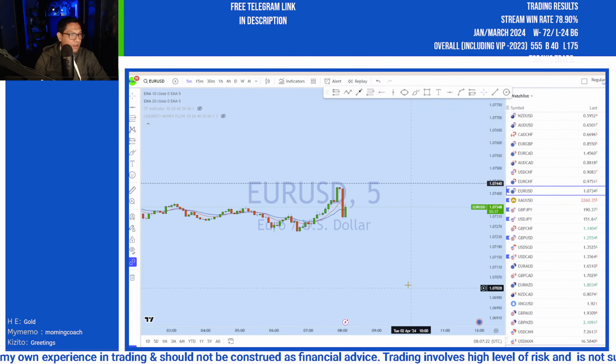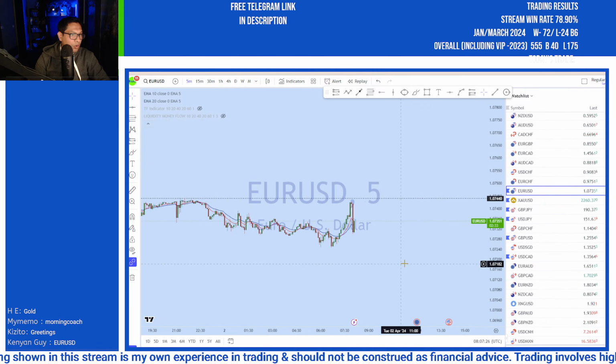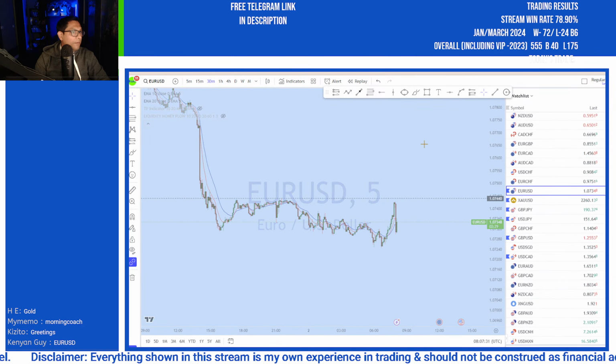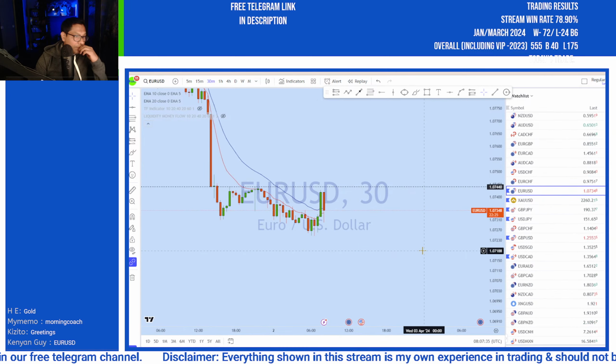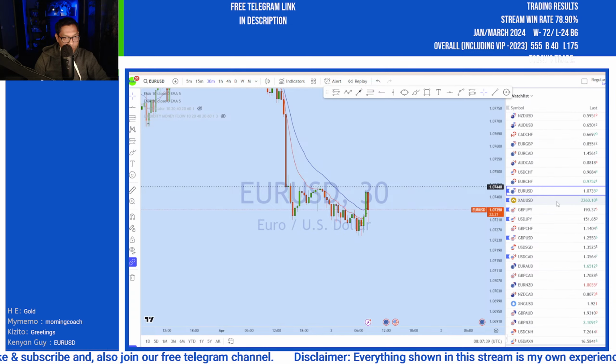There is a very sharp drop on euro dollar after this bounce. Also we'll be looking to see what the market is planning here, if it is planning for a reversal, or we could see a trend continuation on euro dollar.